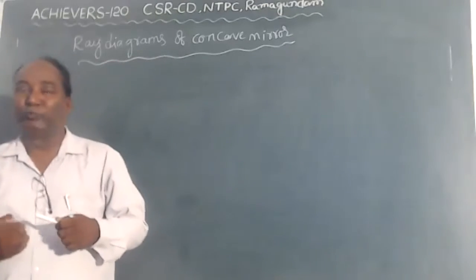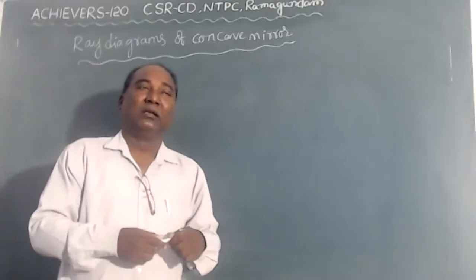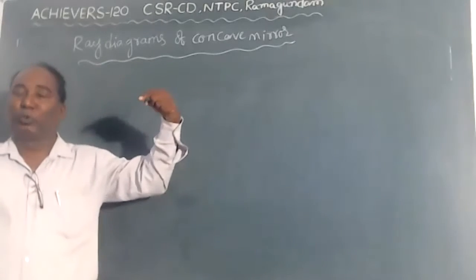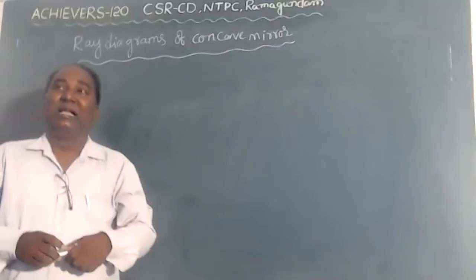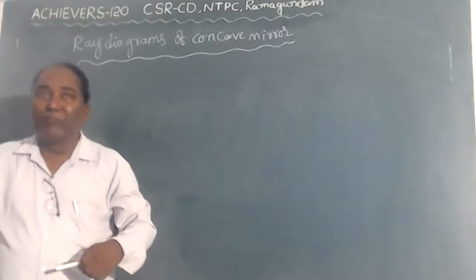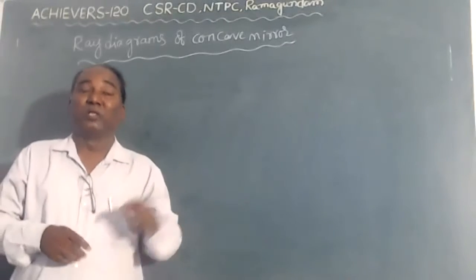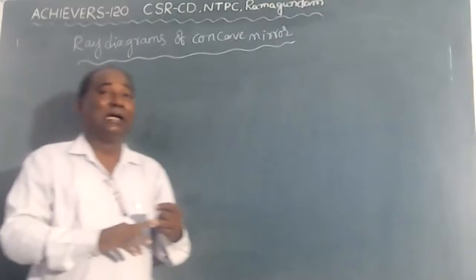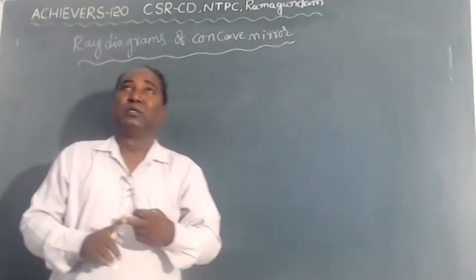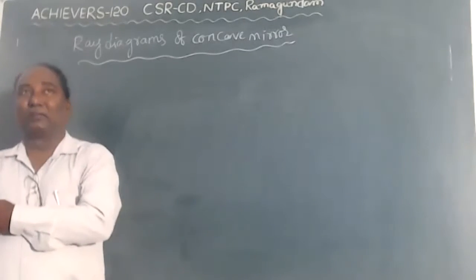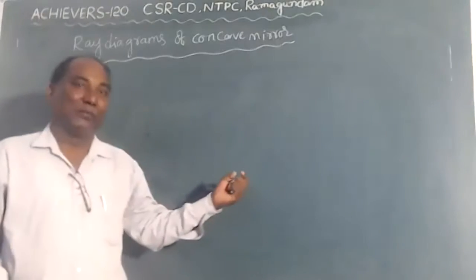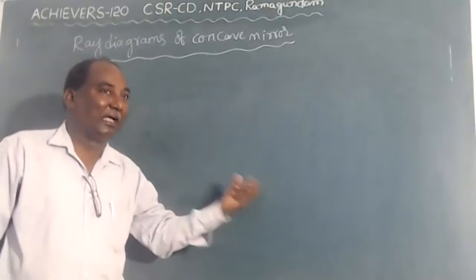It is R2. R3, a light ray passing through the center of curvature gets reflected on the same path. So these are R1, R2 and R3. Based on these, we have to draw the ray diagrams. Let us see how we can draw the ray diagrams.